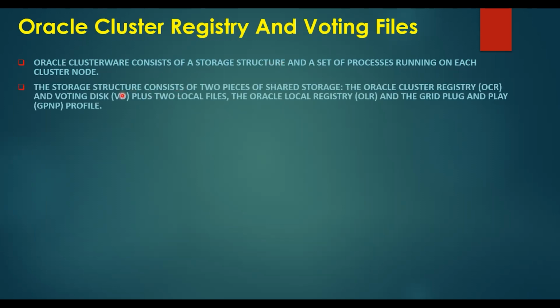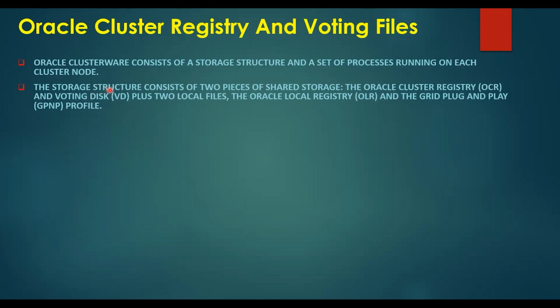The cluster storage structure consists of pieces of shared storage, including the very important Oracle Cluster Registry as well as the voting disk, and two additional local files called the Oracle Local Cluster Registry and the Grid Plug and Play Profile. These four are the important pieces that make the shared storage in grid infrastructure useful.